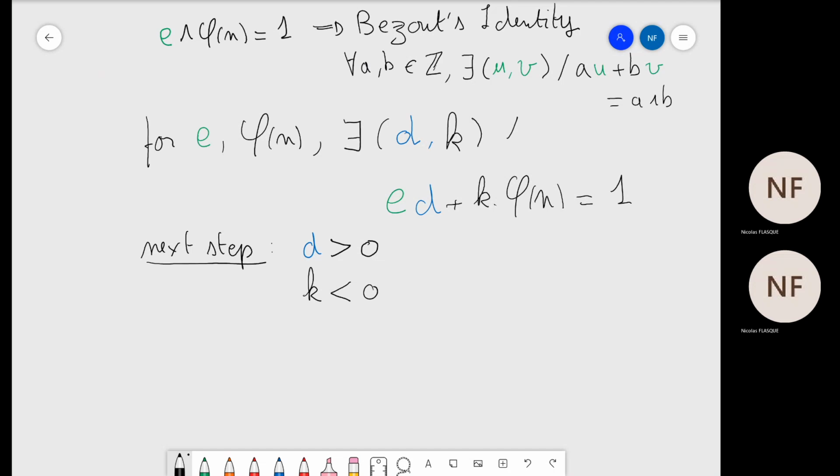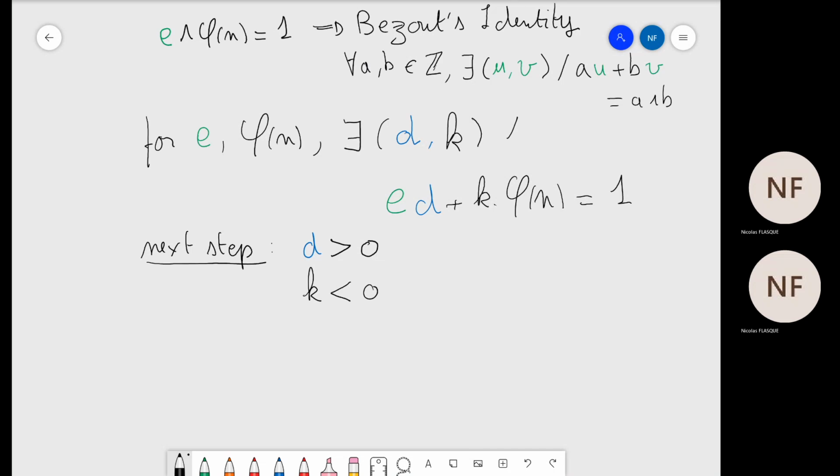You know that the Bezout coefficients have opposite signs as e and phi of n are positive numbers. So we can write this even if the extended Euclid algorithm gives us a solution where the d coefficient would be negative, there is a way to get a positive coefficient, just like for inverses.